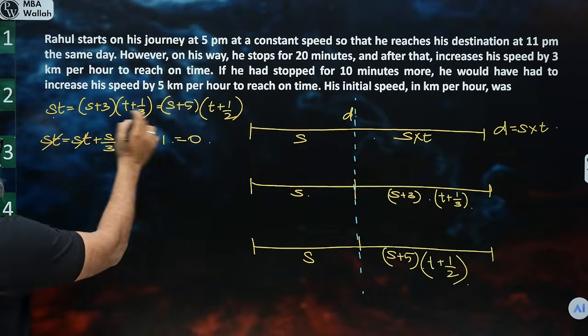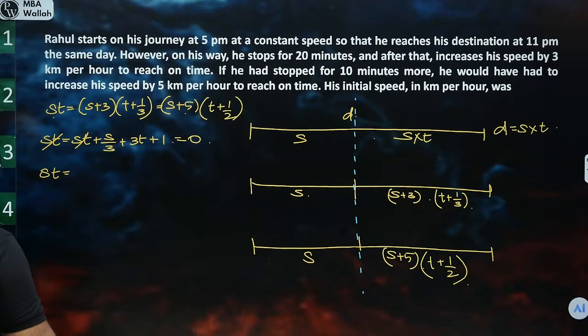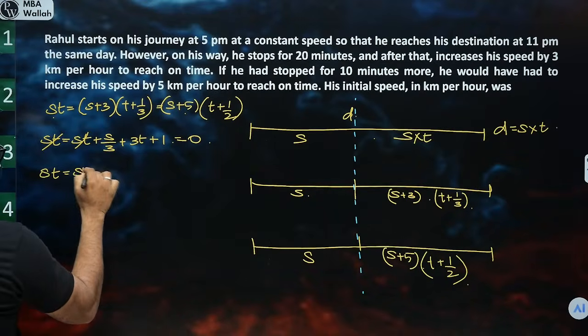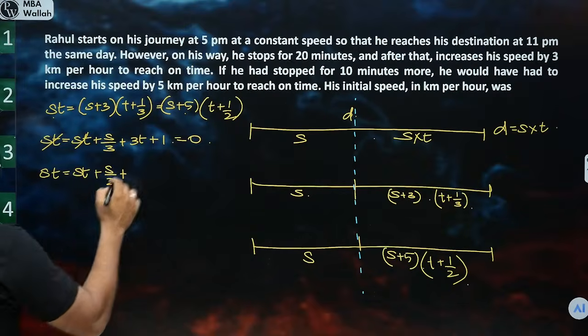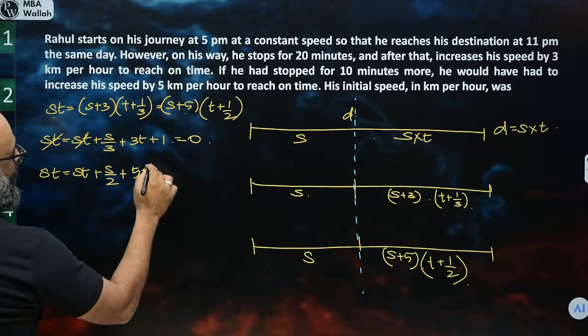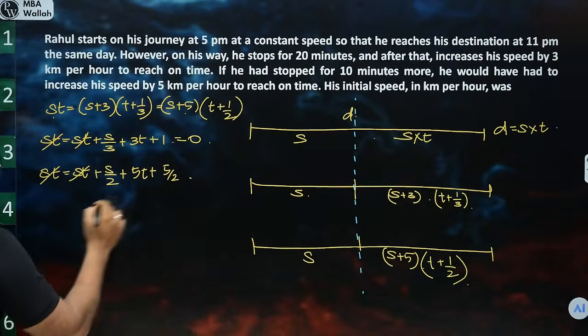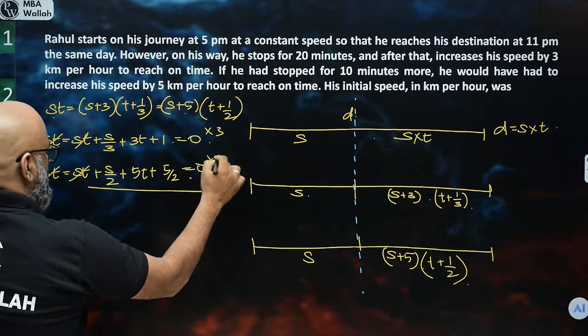Similarly, comparing these two, st is equal to, multiplying inside, st plus s by 2 plus 5t plus 5 by 2. Again st gets cancelled, so you'll have this equal to 0. Now I can nicely solve these two equations. I want to multiply the first by 3 and the second by 2.